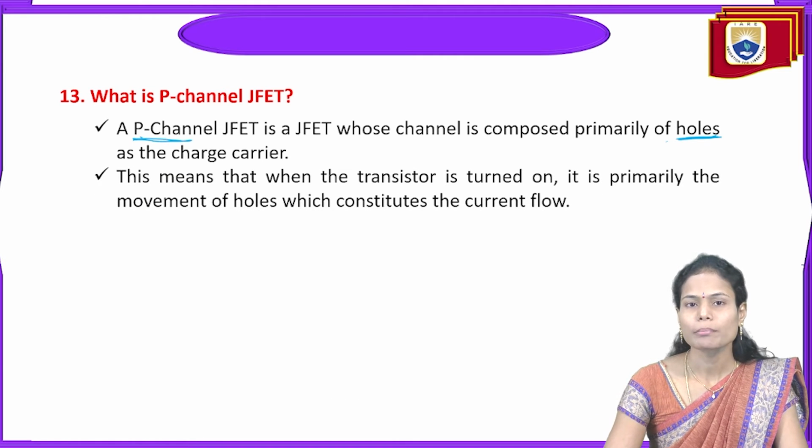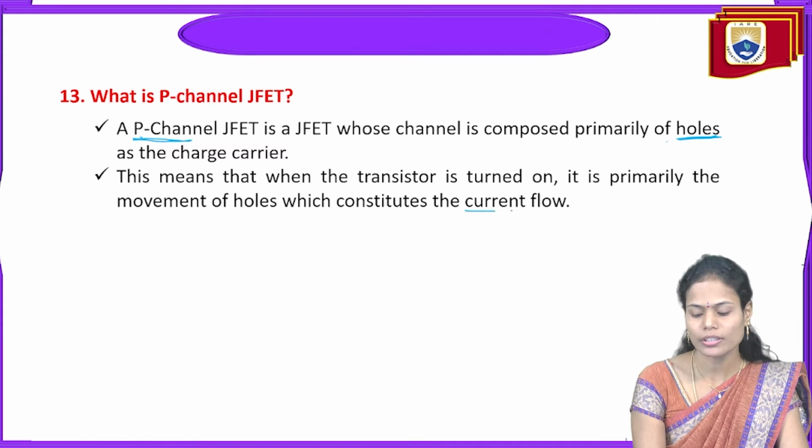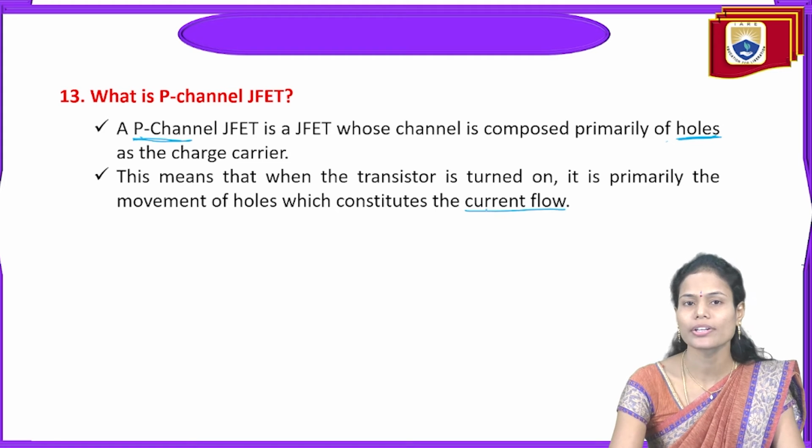When the transistor is turned on, the movement of holes constitutes the current flow in the device. The majority charge carriers in the P channel are holes, so the movement of holes will generate the current in the P channel JFET.